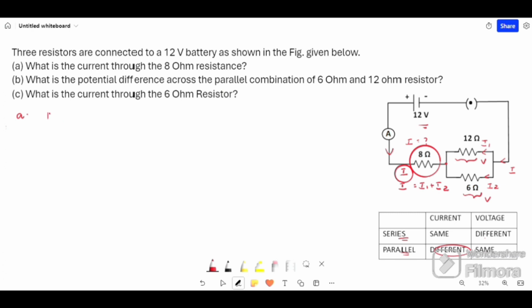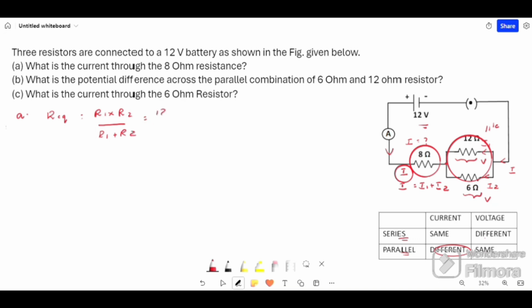First, we need to find R equivalent because we know that I equals V by R equivalent. So we see these two resistors are connected in parallel because current is splitting. For parallel connection, we know the formula R1 into R2 by R1 plus R2. So here R1 is 12, R2 is 6.